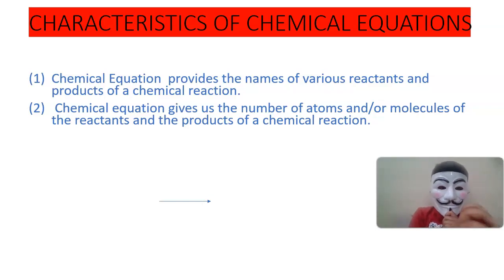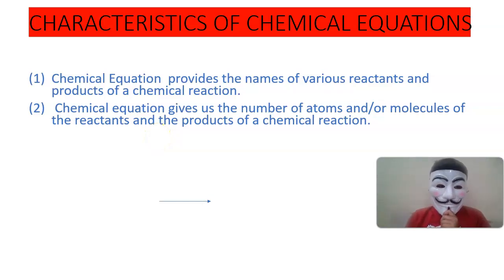You remember LHS and RHS, left hand side and right hand side; they are the reactants and products. So it is just saying that a chemical equation gives us the number of atoms and molecules of the reactants and the products of a chemical reaction.